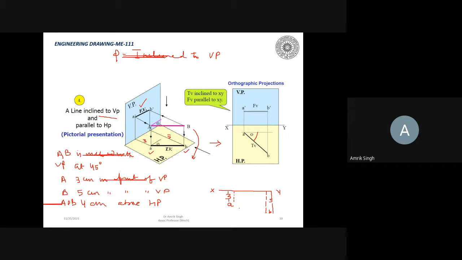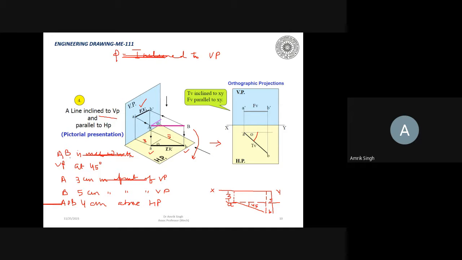Right? So now the location of point A and B have been obtained. So you draw a line parallel to the reference line and you draw this angle. So this should be 45. Okay. It is not 45 here, but it should be 45.